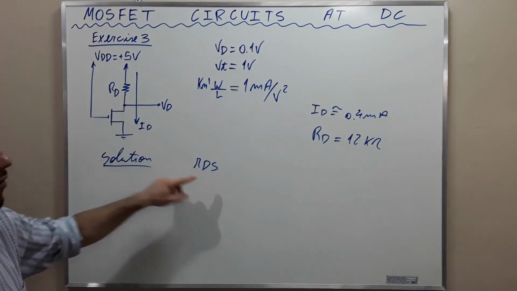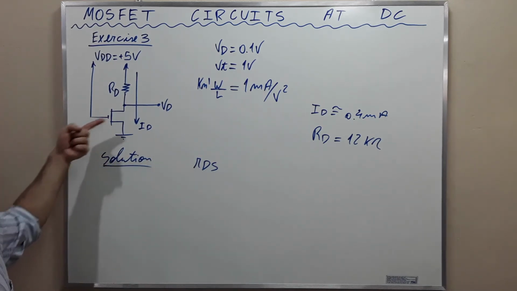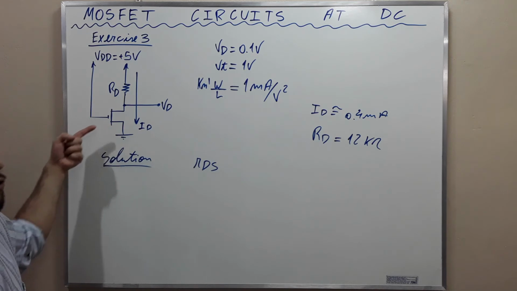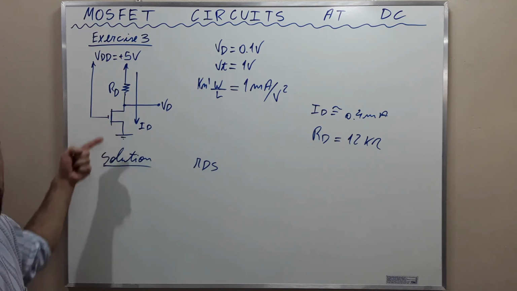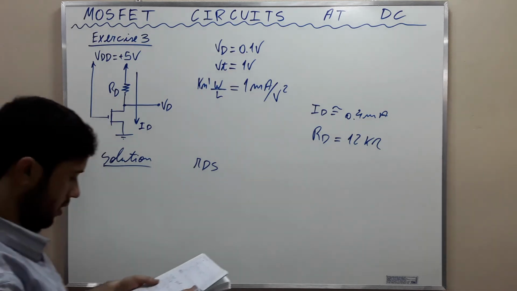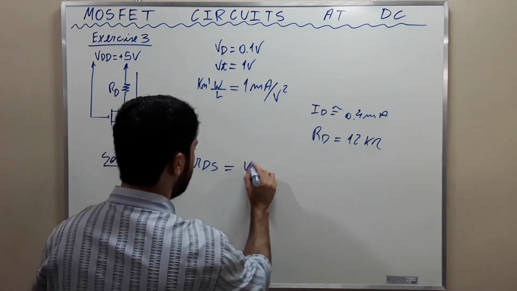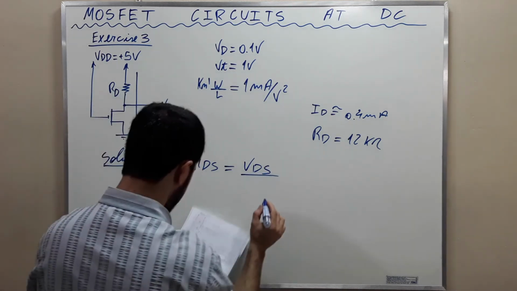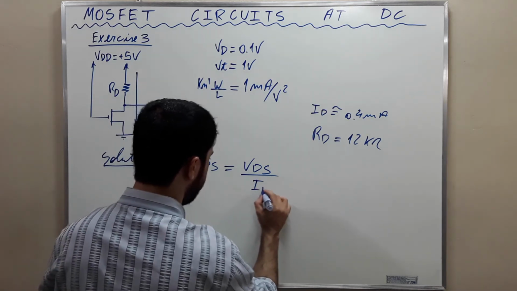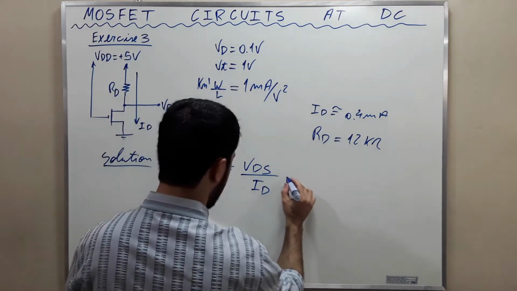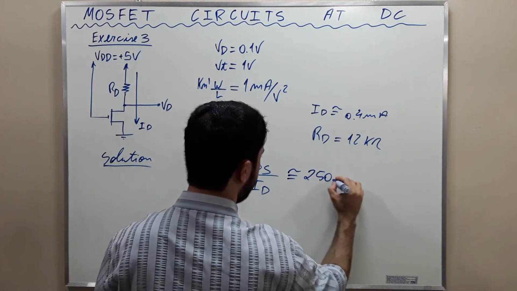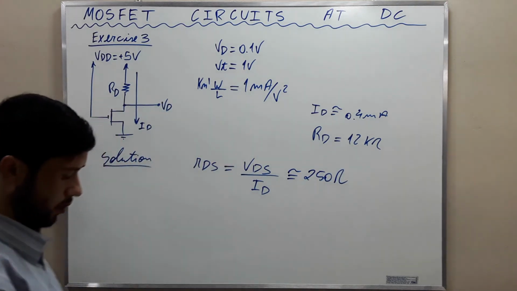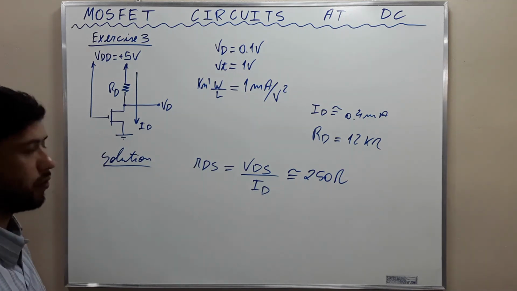This resistance is in the component. This is the resistance of the channel inside of the transistor. It is going to be equal to VDS divided by ID, which is again approximately equal to 250 ohms. We are dealing with approximate values here, okay?